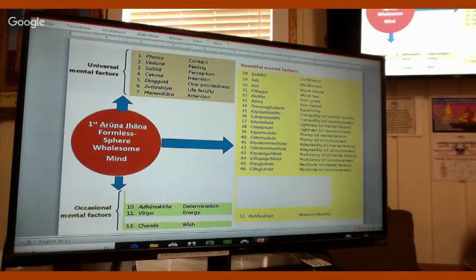That's why in English translation, contact. So every single mental factor has its individual characteristic. But mind has only one characteristic: knowing the object. The object is different, the knowings also seem different, but it is just knowing the object.